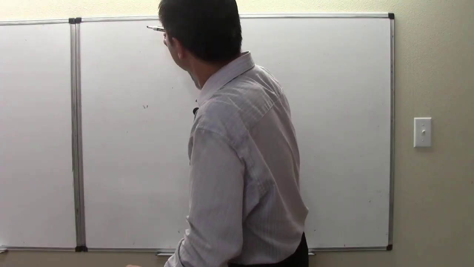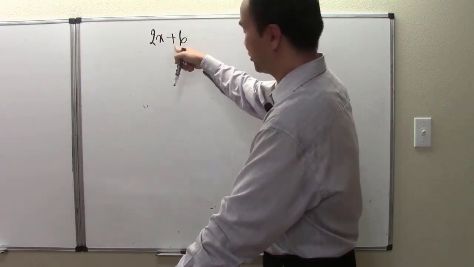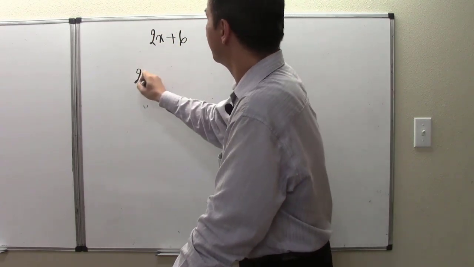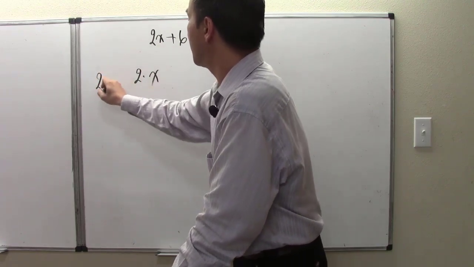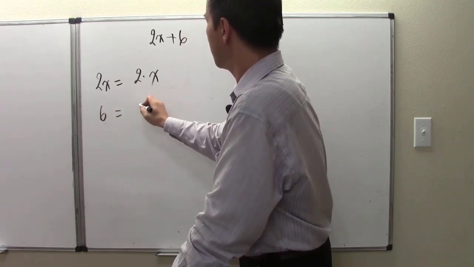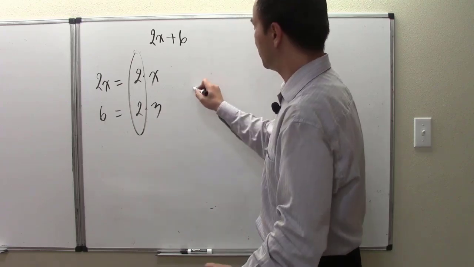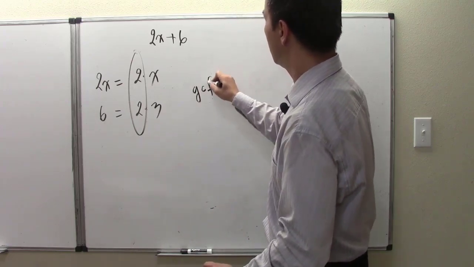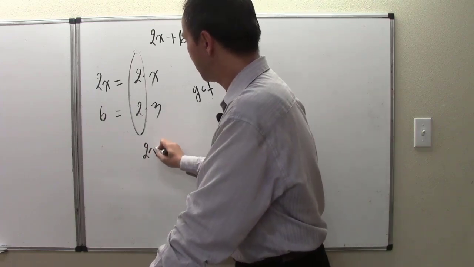We had 2x plus 6: 2 times x, and 6 in prime factors is 2 times 3. The only common factor there is 2, so the GCF is 2.